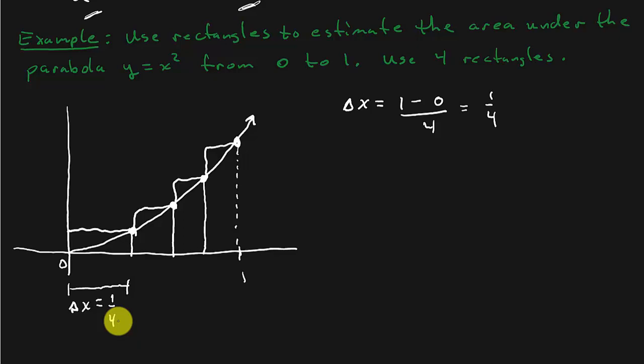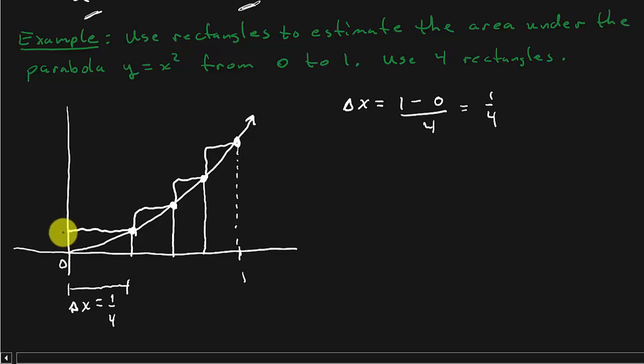Now, what do we need? We need the height of each rectangle. So I need this value, this one, and this one. These are the heights of the rectangles. From the x-axis up to here is the height of this first rectangle. From the x-axis to here is the height of the second rectangle, and so on.